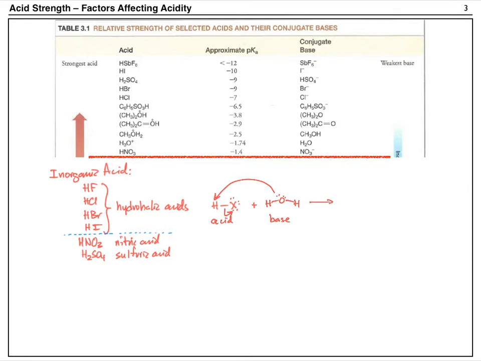So what we end up with is the conjugate acid of water called hydronium ion. Now this is bearing a formal positive charge, plus we have the conjugate base of the starting acid, and this is halide ion. So hydronium ion, and then this is your conjugate base.